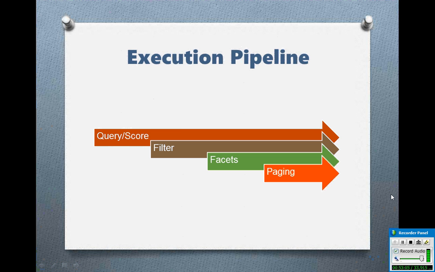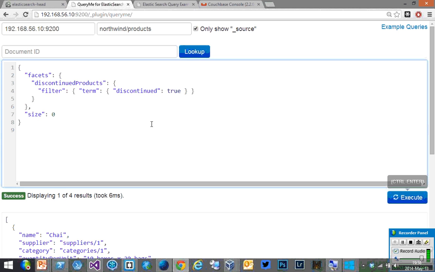Okay? So what I'm going to do is I'm going to run this query which says, give me a facet called discontinued products, and in order to figure out how many things I would like counted in that list, give me the ones based on this filter. So show me the ones that are discontinued. Okay? And I'm going to do size 0, and I'm going to talk about this in just a second.